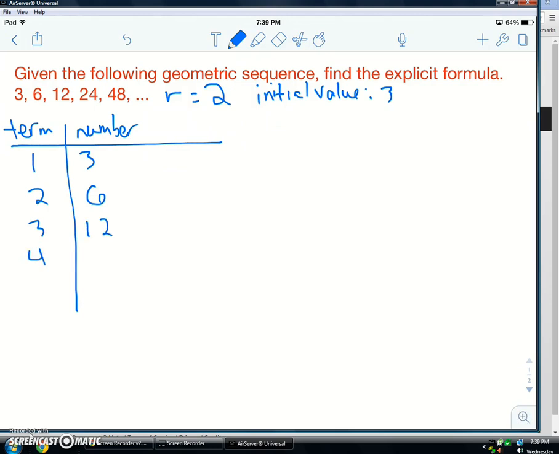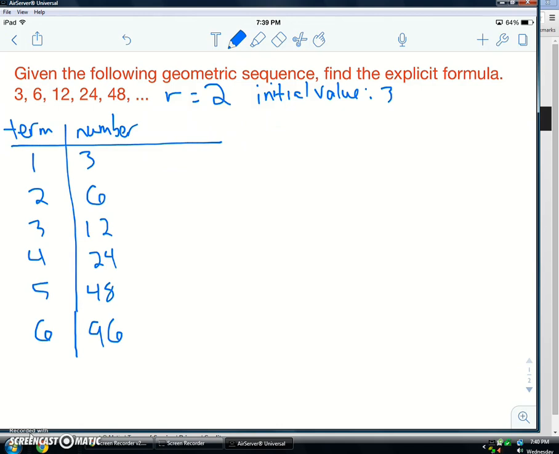Our fourth term is 24. And our fifth term is 48. Then we could go on. You could get your sixth term in there, and I'm hoping you realize that our common ratio is 2, so our sixth term would simply be taking the 48, multiplying it by 2 to get us 96.